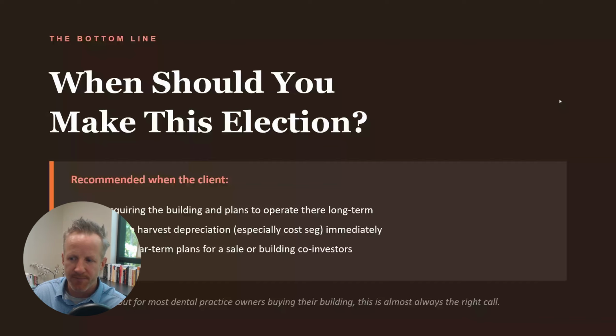And number three, the dentist has no near-term plans for sale of the building or bringing on co-owners or co-investors in the building or the practice, unless a new person is going to be another dentist owning both the building and the practice at the same ratio.